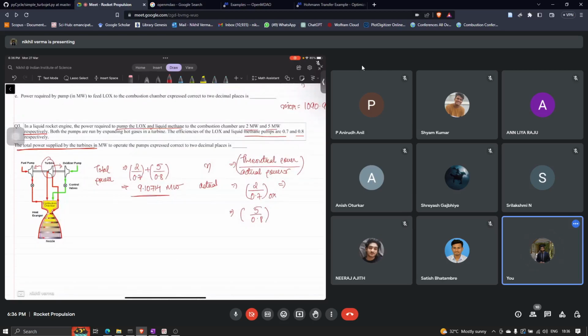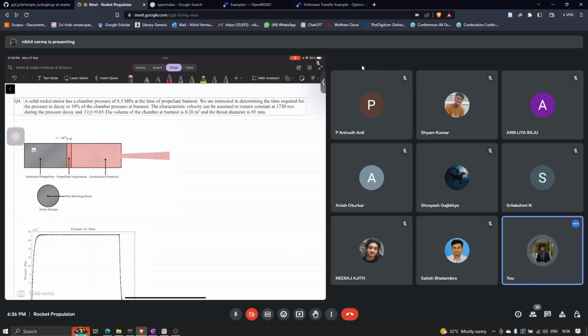Up till this point it is clear, right? Yes, sir. Okay, so let us move to another problem where we have a solid rocket motor, and it is given that the chamber pressure is 8.7 megapascals at the time of burnout, and we are interested to determine the time required for the pressure to decay to 10%. The characteristic velocity can be assumed to remain constant at burnout.